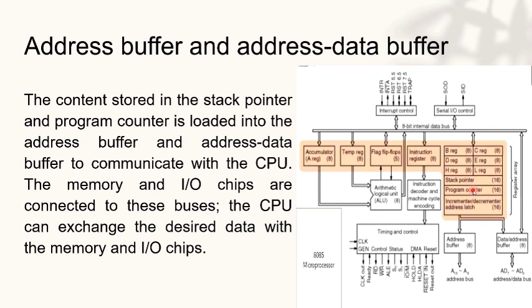So this we are going to call through address buffer and data address buffer. Why are we calling the data present in here? We are going to talk with the CPU. The memory and I/O chips are connected to these buses. The CPU can exchange the desired data with the memory and I/O chips.